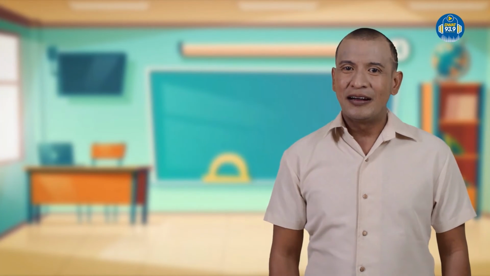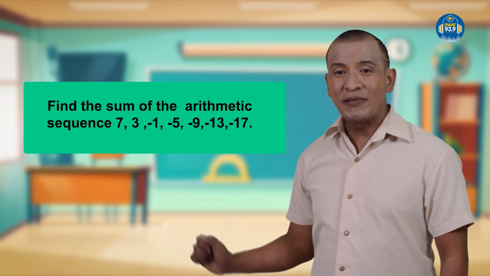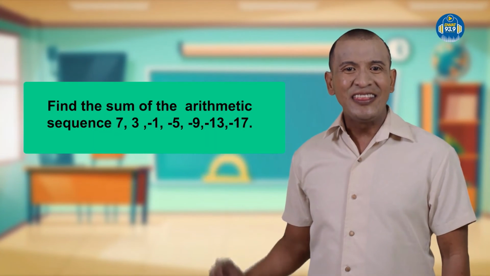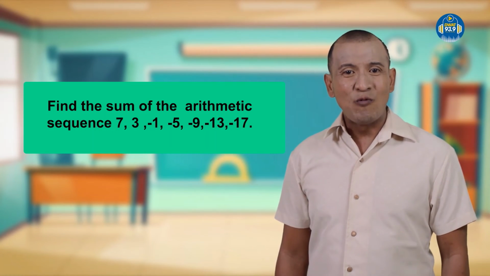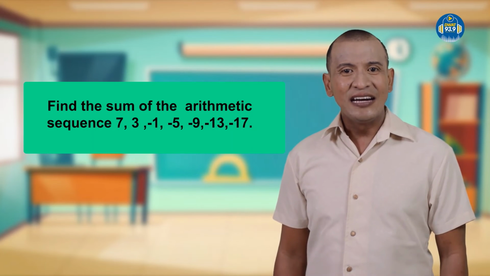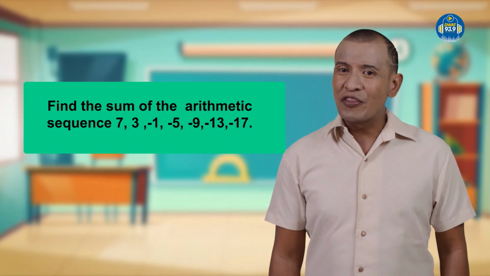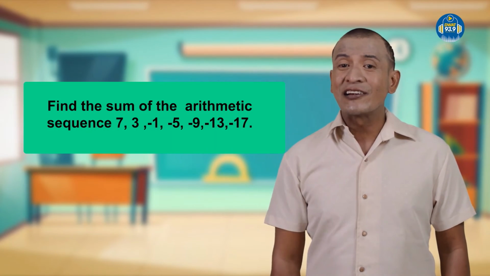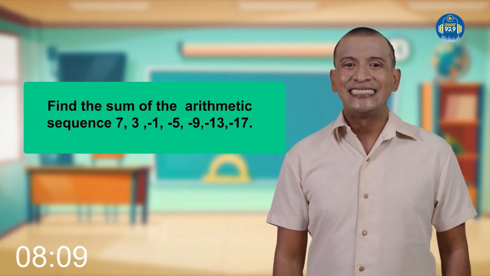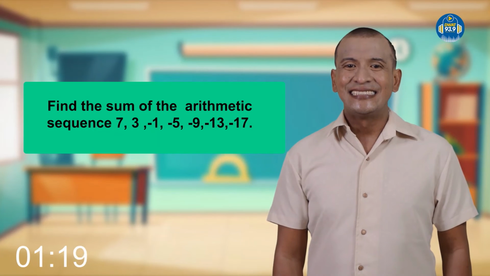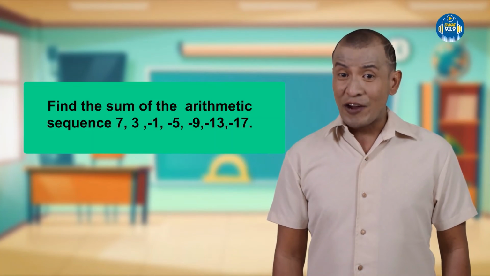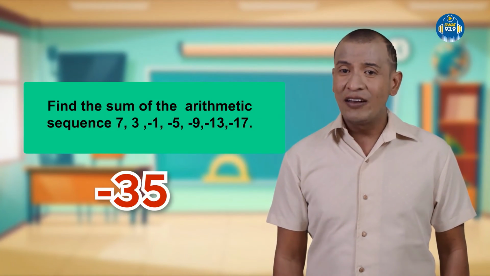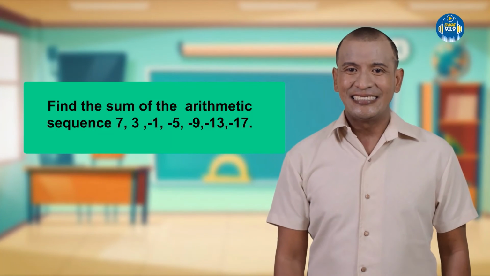Second problem. Find the sum of the arithmetic sequence 7, 3, -1, -5, -9, -13, -17. What is your answer? If your answer is -35, then you are right.